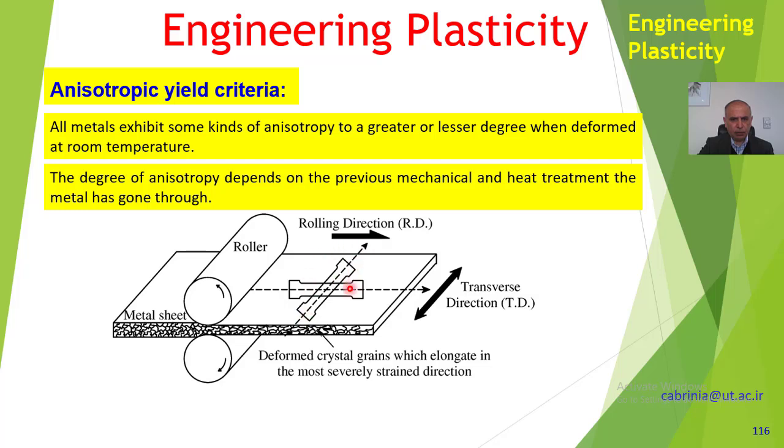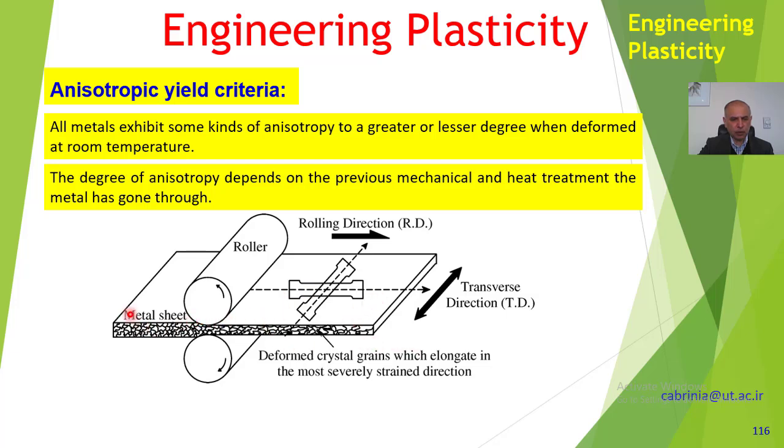The difference between the strengths of this specimen and this specimen shows the degree of anisotropy. The more this difference, the more is the degree of anisotropy. It depends on the previous mechanical and heat treatment of the metal.